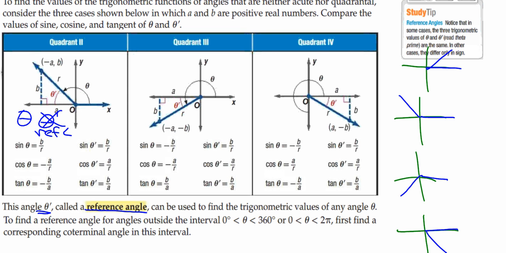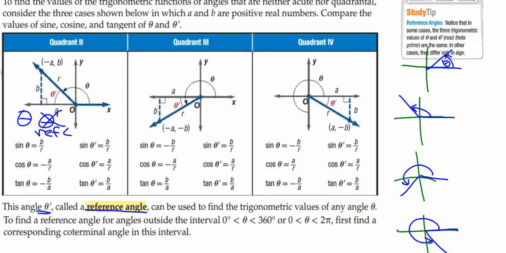So this is our angle theta. It goes from here to here, from there to there, from here all the way around to there, and from there all the way around to there. To find the reference angle, remember angle of elevation and angle of depression, always from where? How does an angle of elevation or angle of depression start? What's the initial side?